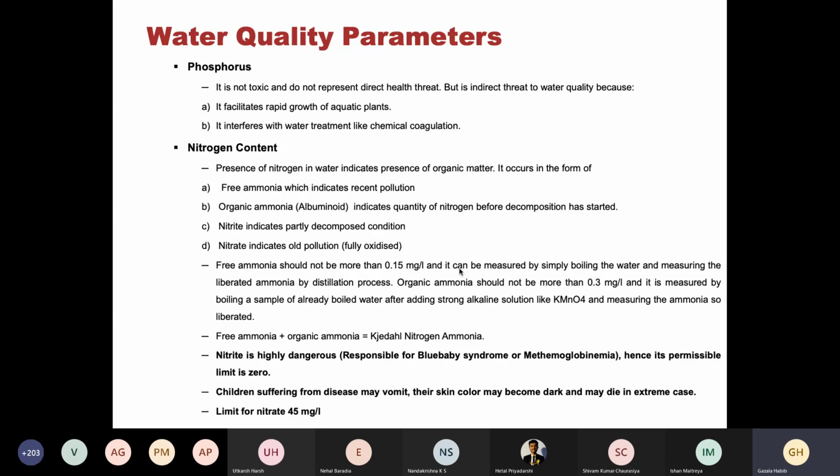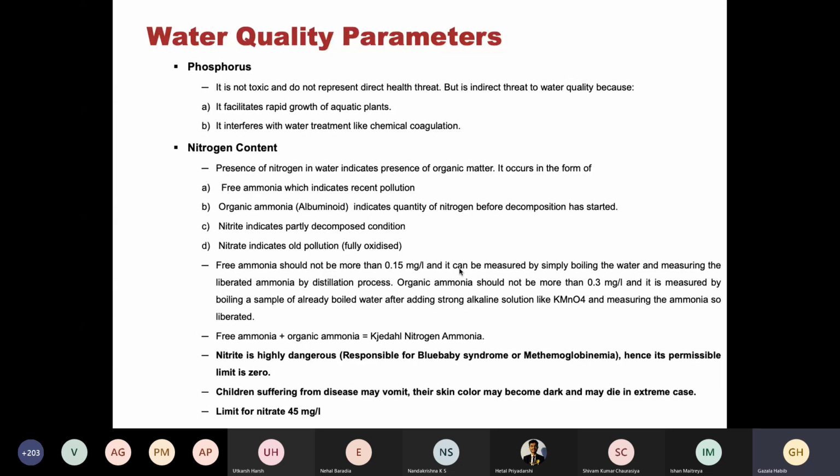Nitrogen content: presence of nitrogen in water indicates presence of organic matter. It occurs in the form of free ammonia, which indicates recent pollution, and organic ammonia, indicating the quality of nitrogen before decomposition has started. So if organic ammonia is present, that means the decomposition is going to start.